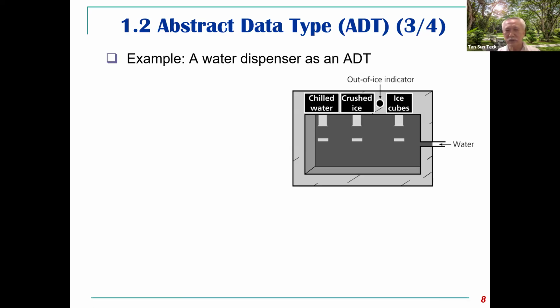For us as a user, we only need to know that I need to put water into this dispenser, and then I can push one button to get what I want. But behind those buttons is none of my concern. And that's why we say that this is an ADT.